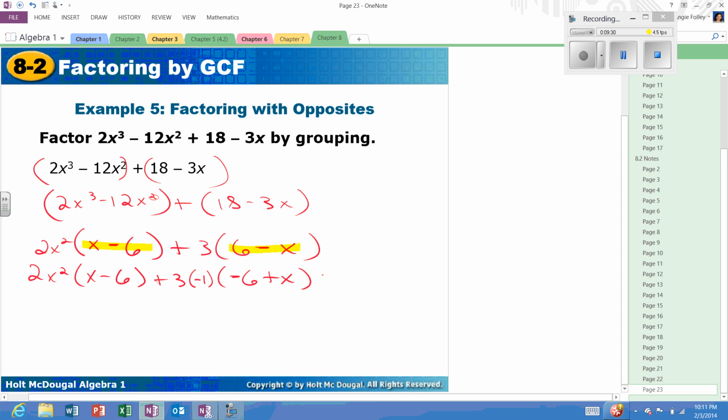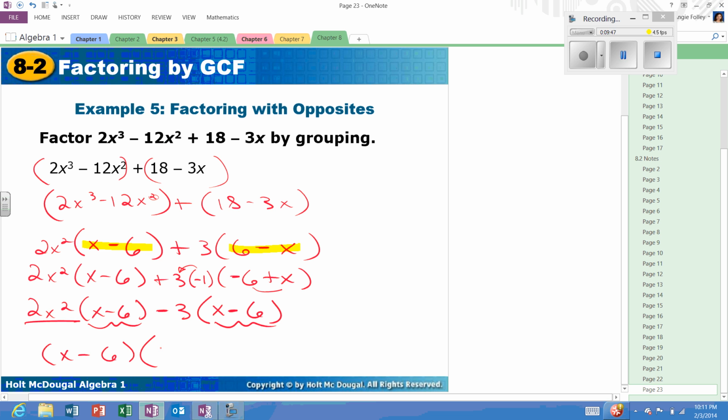It flips the sign. So I'm going to rewrite this down here. Negative 1 times positive 3 becomes negative 3. And then I'm going to rewrite this as x minus 6, just in that order. So now these look the same. So I can have an x minus 6 and then a 2x squared minus 3.